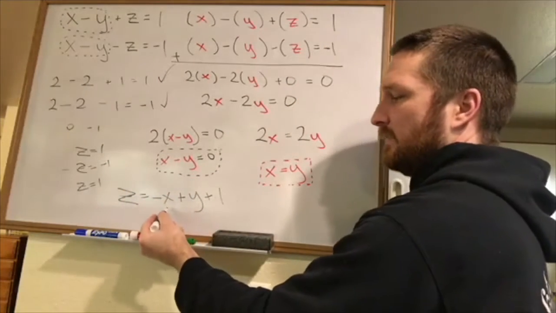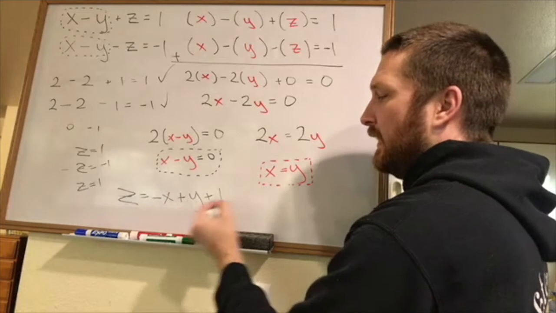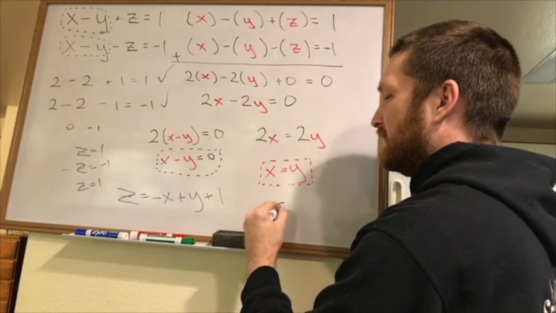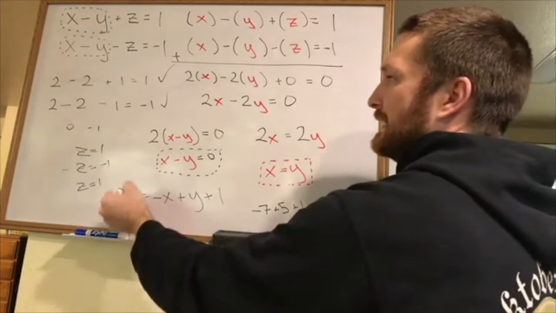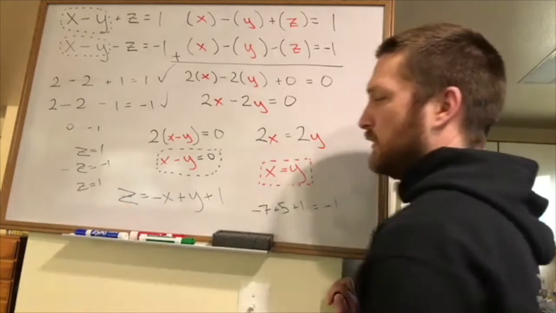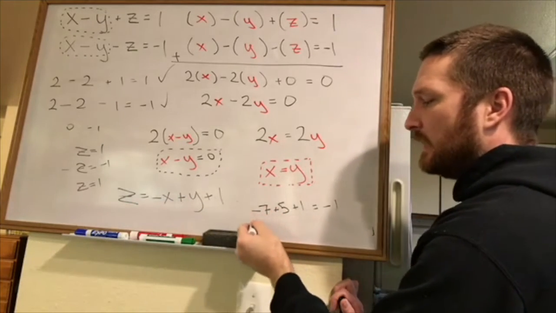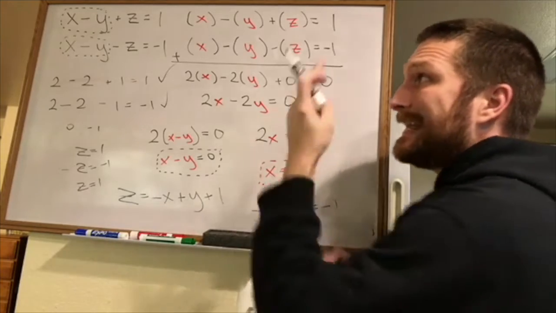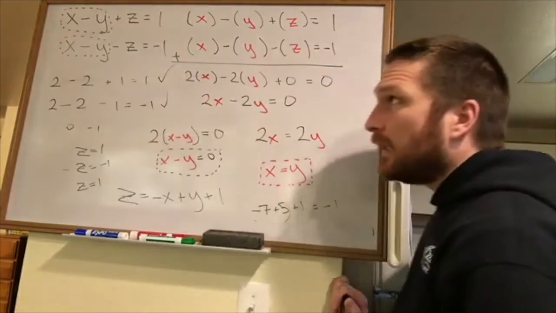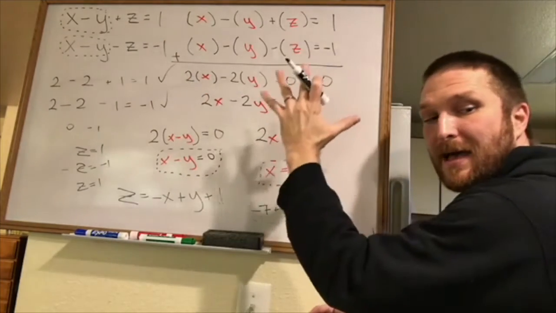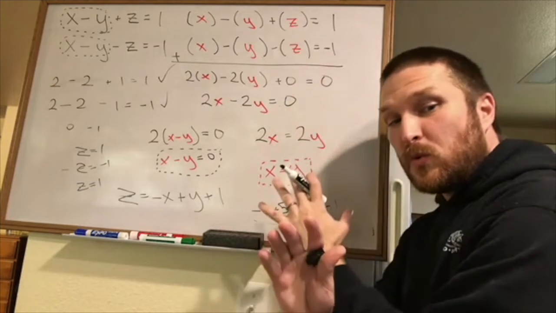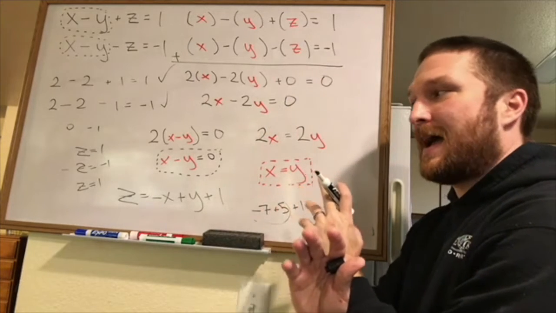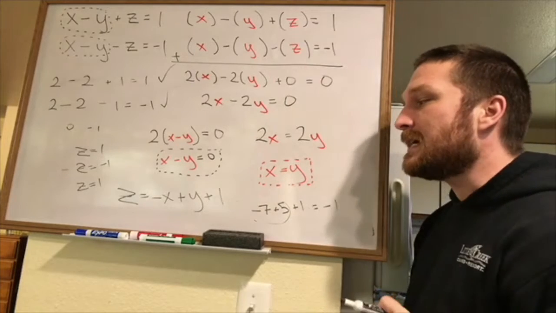I could take 7 and 5, and I have -7 plus 5 plus 1 equals -1. Z is equal to -1. Well, that doesn't match there. And x is certainly not equal to y, but that point is on that plane. Remember, with that red x, y, and z, we're talking about any point where they do intersect. And there happen to be infinitely many of them.